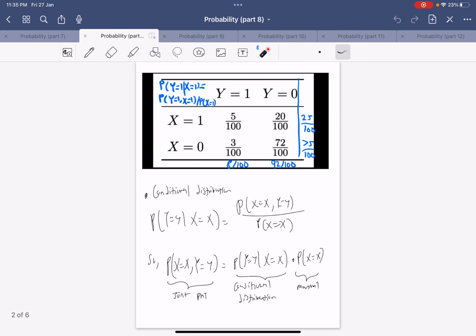I'll illustrate this with a table for you to better understand it. So for example, now we have the event that X can equal 1 or 0, and Y can equal 1 or 0.